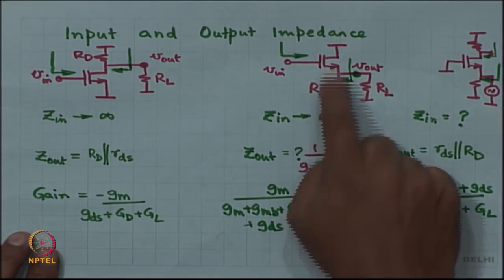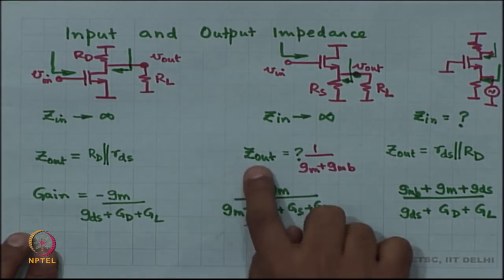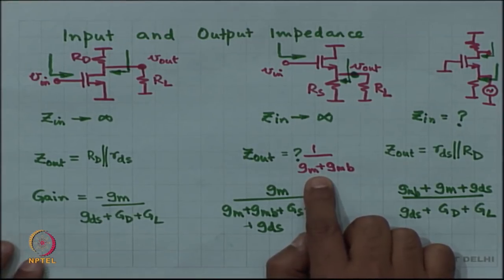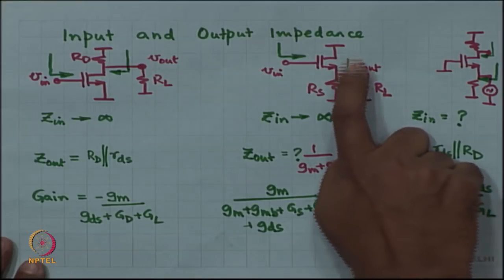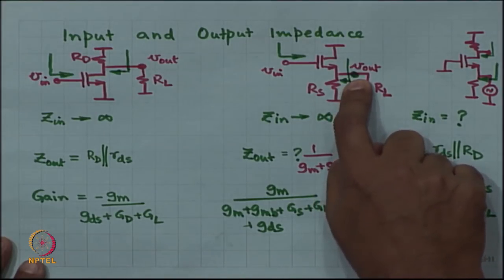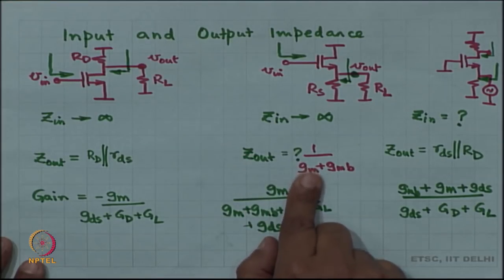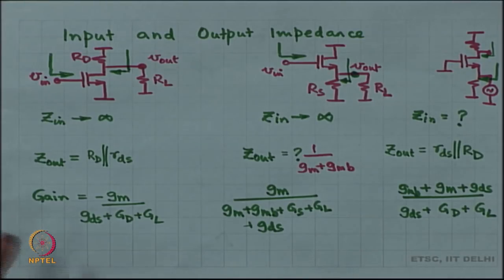The common drain circuit, the impedance looking in is infinite, the output impedance is low because you are at the source. So, looking into the source, the impedance is low. So, the output impedance of the common drain circuit is low, and then the gain of course is less than 1.